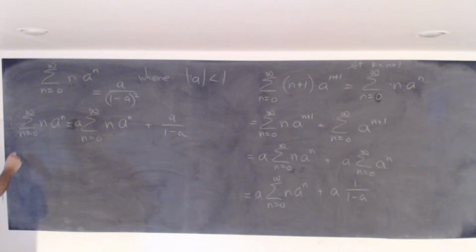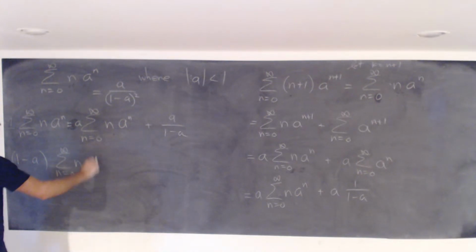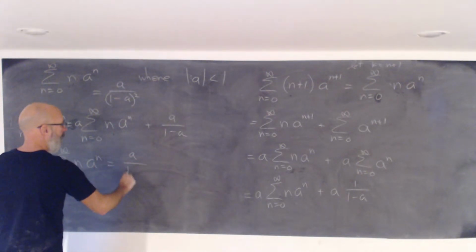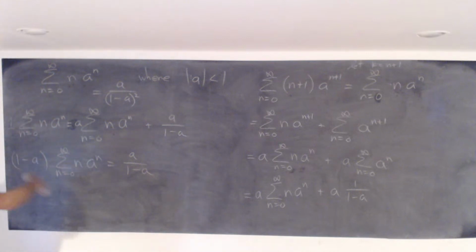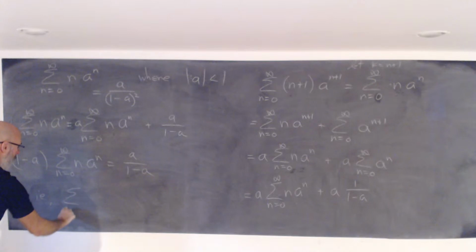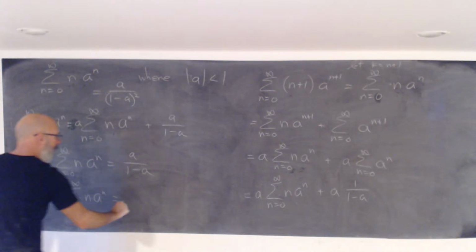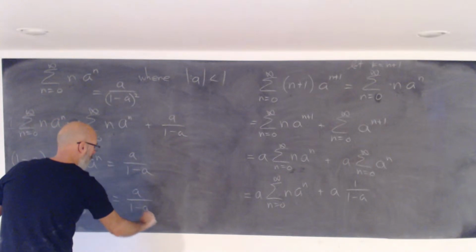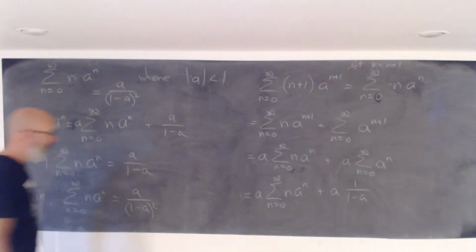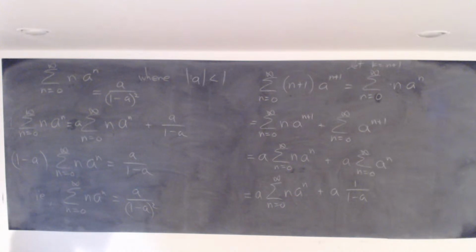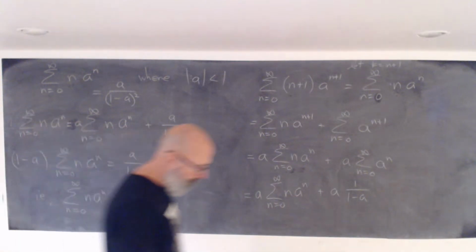So 1 minus a times the sum is equal to that. And divide by 1 minus a, you're done. Beautiful. Beautiful in its simplicity.